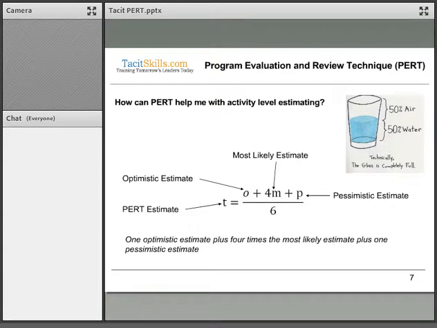We take 1 times the optimistic estimate, plus 4 times our most likely one, plus 1 times our most pessimistic estimate, and divide it by 6. So it's weighted towards the most likely. There's 1 optimistic plus 4 most likely, that gives 5, plus the pessimistic, 6. So I get the mathematical average of the 3 estimates, weighted towards our most likely estimate.